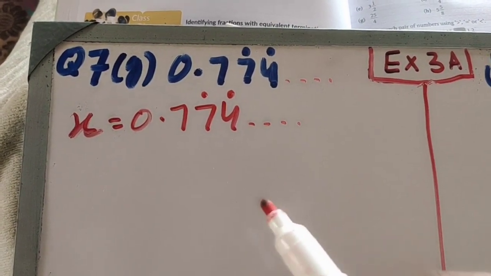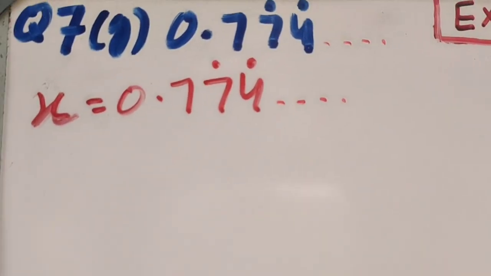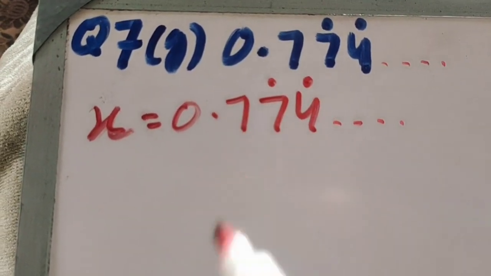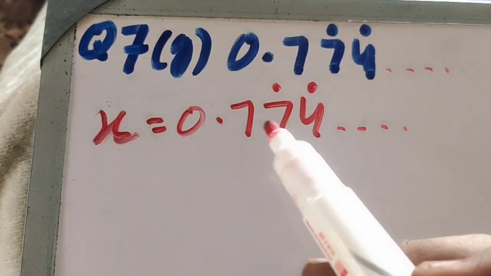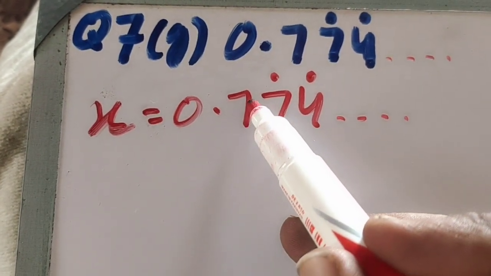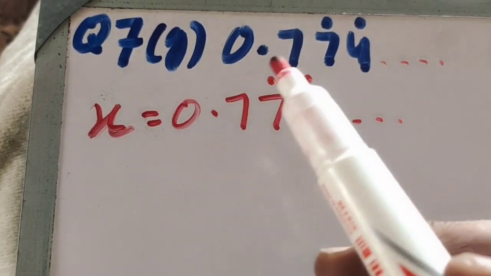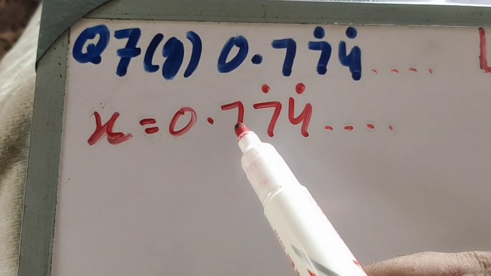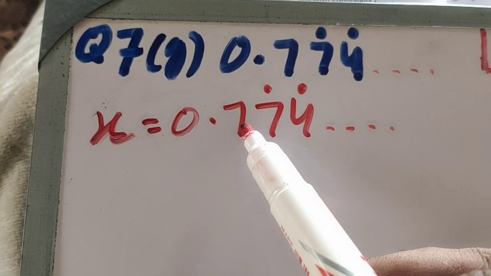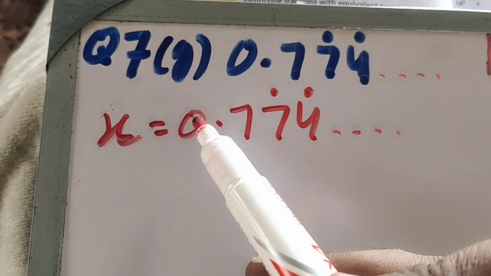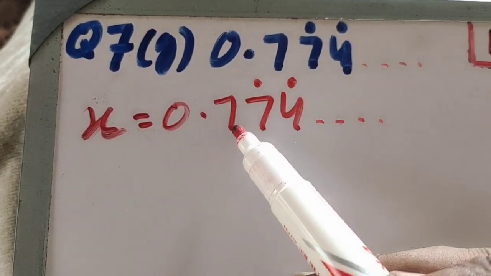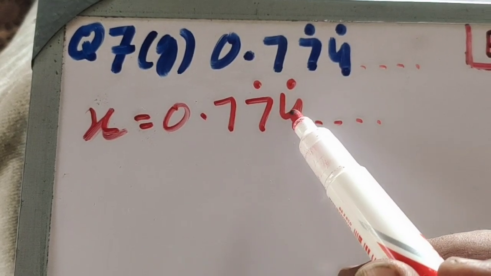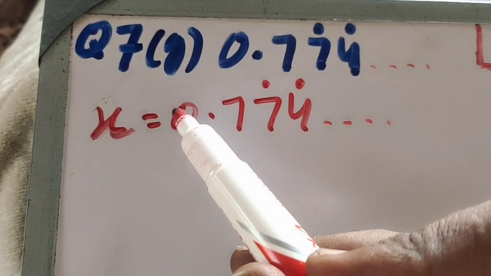So students, as you all know, the first thing is to move the non-repeating number towards the left side of the decimal. Keep both steps in your mind. The first step is to move this non-repeating number to the left side of the decimal, and in the second step we move the first three numbers shown in the question to the left side of the decimal.